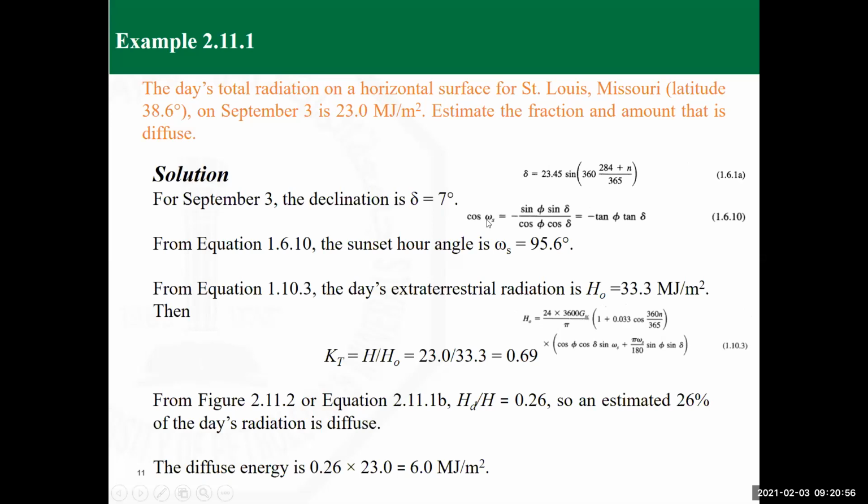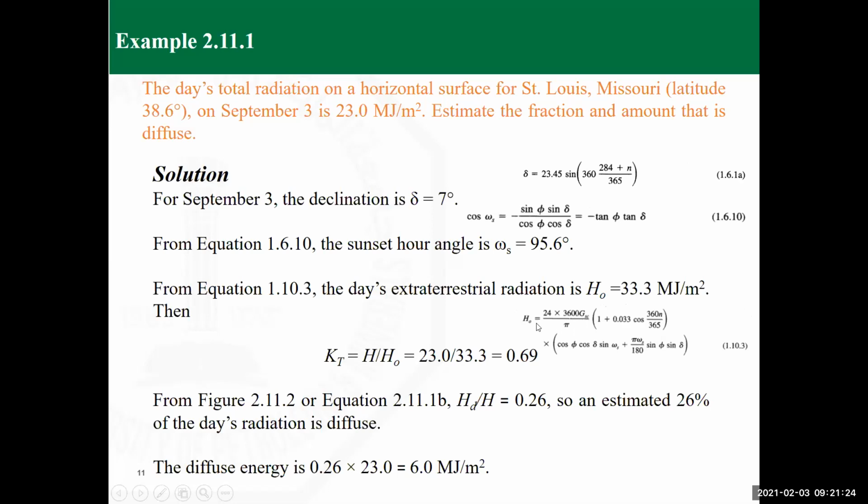Then calculate the value of WS, the sunset angle, which is given by the arccosine of minus tan phi tan delta. Phi is given as 38.6, delta has been calculated as 7, and WS is accordingly 95.6. So we are going to go for the correlation corresponding to WS greater than 81.4. And we are going to use the equation that we have for the value of H naught.